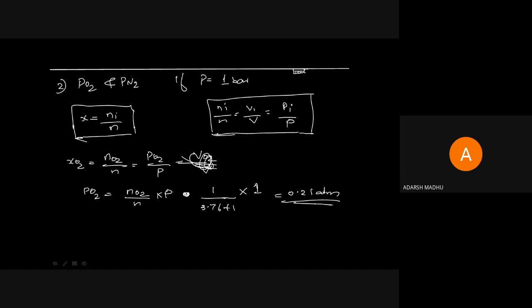That is, if the total pressure is 1 bar, the pressure of oxygen in that total pressure is 0.21 bar, or 0.21 atm. Of that 1 atmosphere total pressure, 0.21 atmosphere is oxygen.